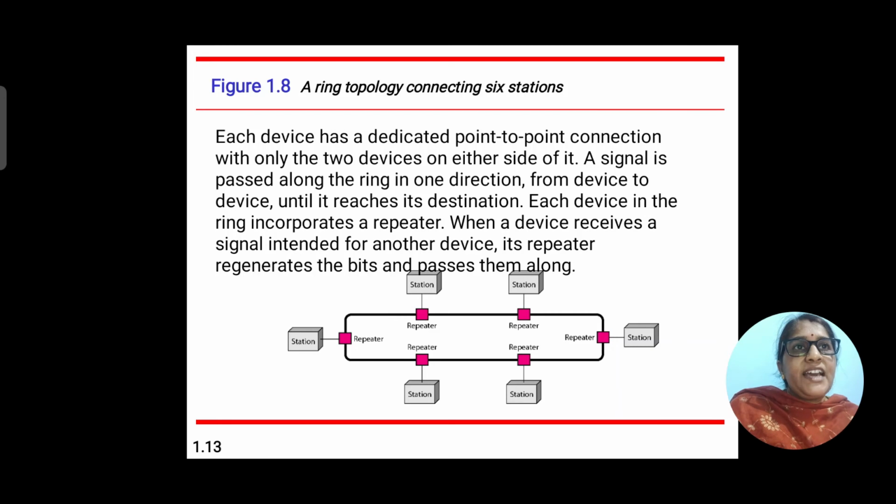When a device receives a signal intended for another device, its repeater regenerates the bits and passes them along. In this slide, the picture shows a connection ring which is connected to one or two stations forming a ring.